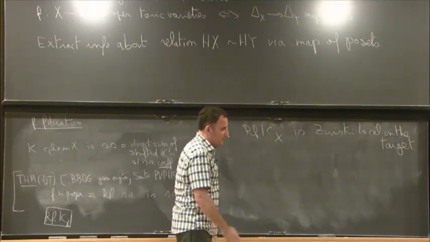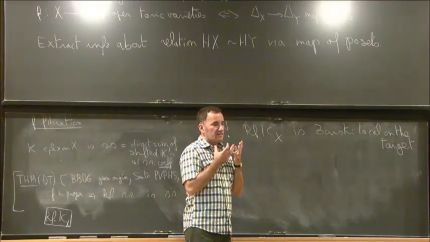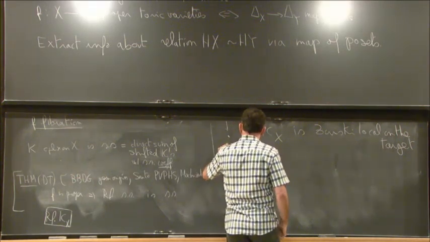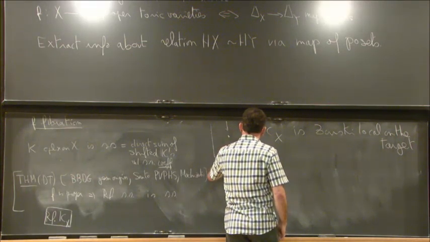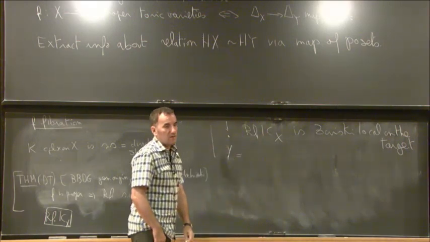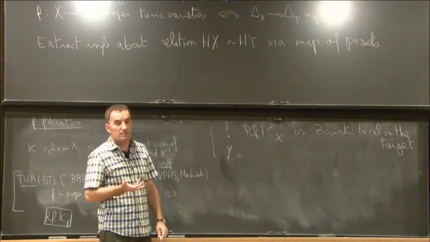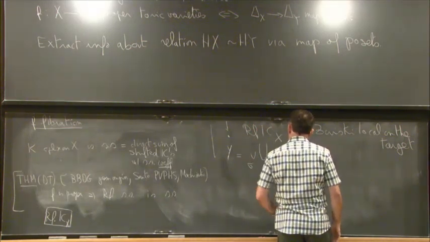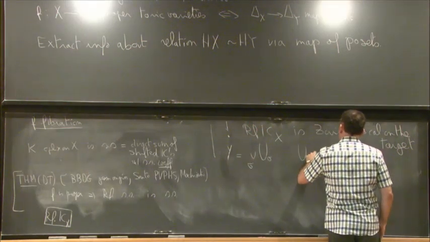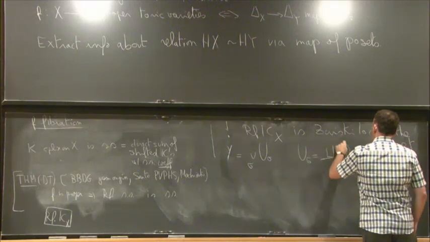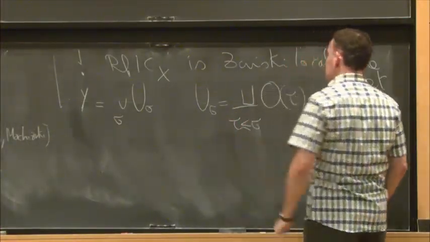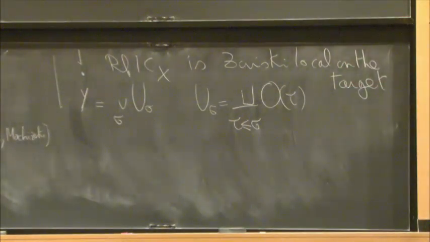So this statement is very strong, and it's a consequence of this theorem. This means that I can work on a Zariski open cover of the target. First of all, there's an obvious Zariski open cover of the target given by the U sigmas. Let me tell you what they are. U sigma is the union of the orbits with this property: I take sigma and all its faces, and I take all the orbits.